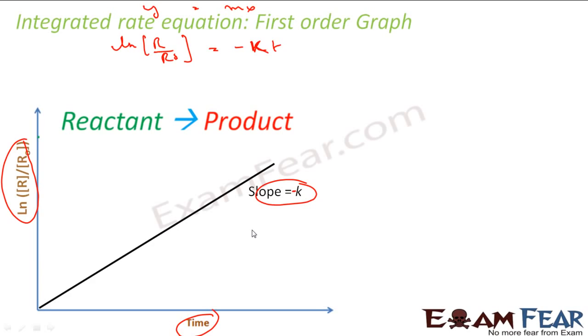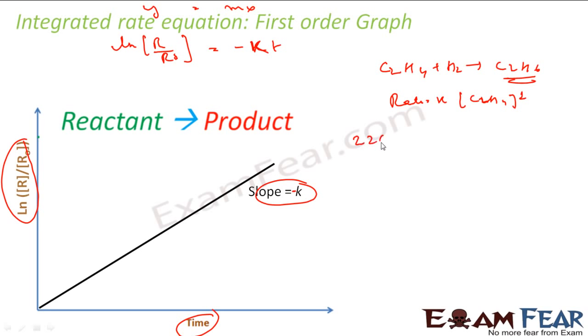So examples of first order reactions: a lot of reactions are first order actually. Hydrogenation of ethene, you get ethane here. This is a first order reaction. So here rate is equal to k into C2H4 to the power 1. In fact, all the natural and artificial radioactive decay of unstable nuclei is first order.